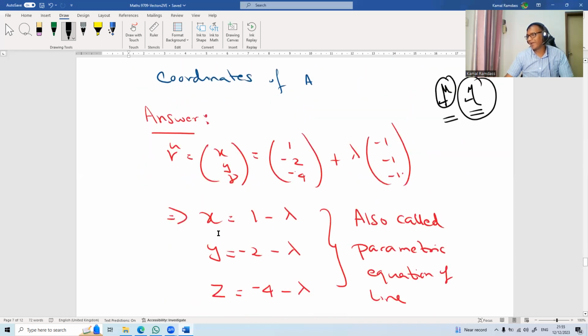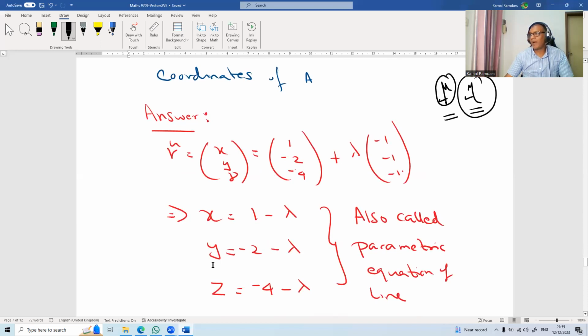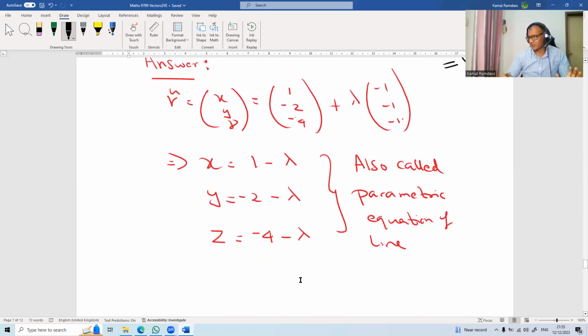Finally, x equals 1 minus lambda, y equals minus 2 minus lambda, z equals minus 4 minus lambda. This is called the parametric equation of the line. First line, we get the first parametric equation.